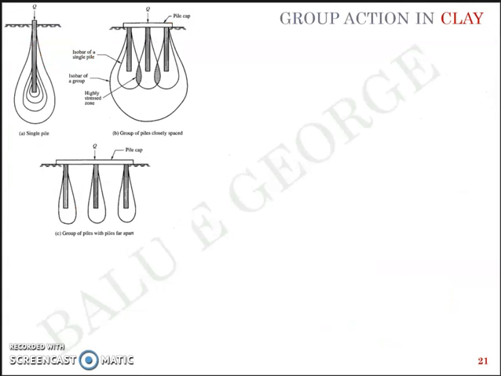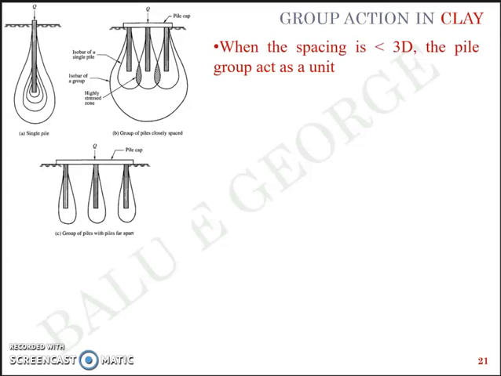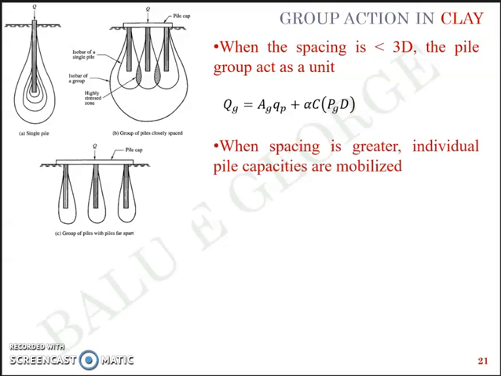Now quite similarly, you have the group action in clay. When the spacing is less than 3 times the diameter, the pile group acts as a unit, where Qg is given by Ag Qp plus alpha C Pg t. We'll discuss what each term is, but when the spacing is greater, just like in the previous case, the individual capacities are mobilized, like this. In this figure you have the spacing lesser than 3D, in this figure you have the spacing greater than 3D.